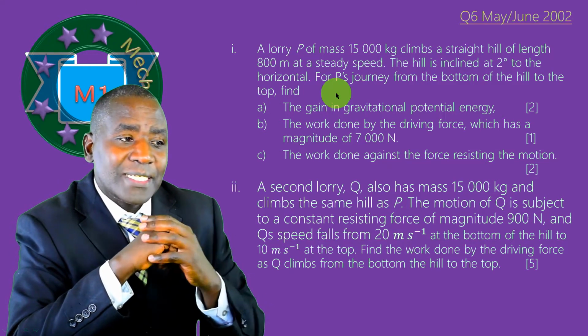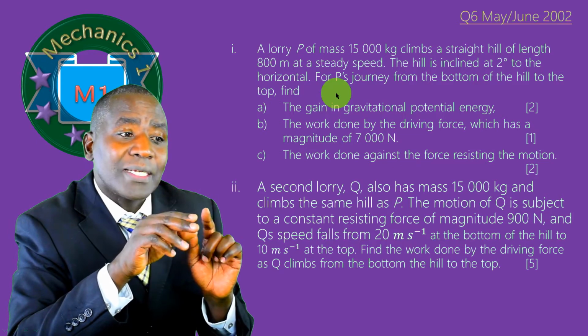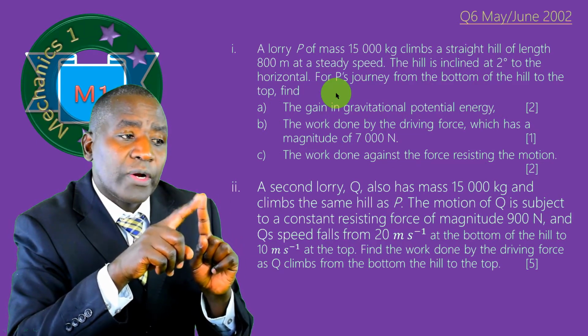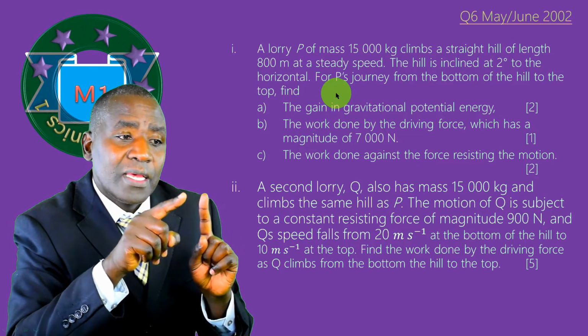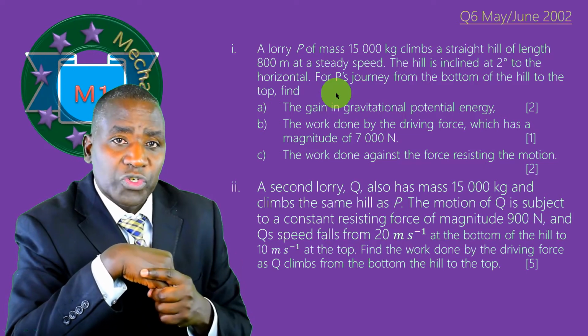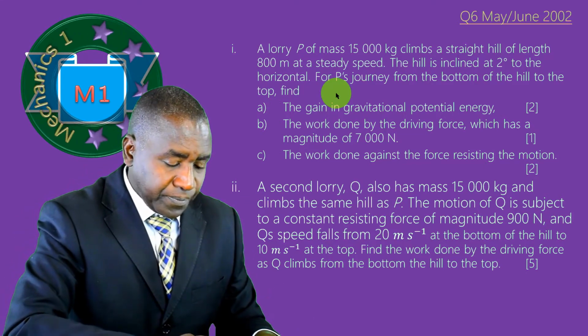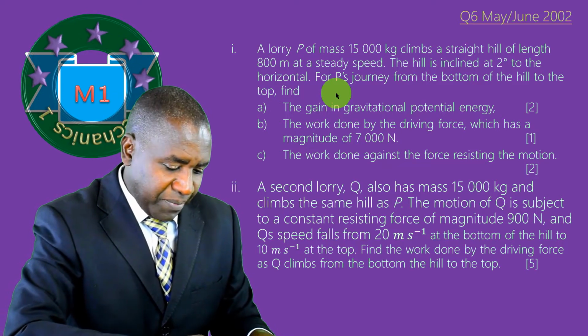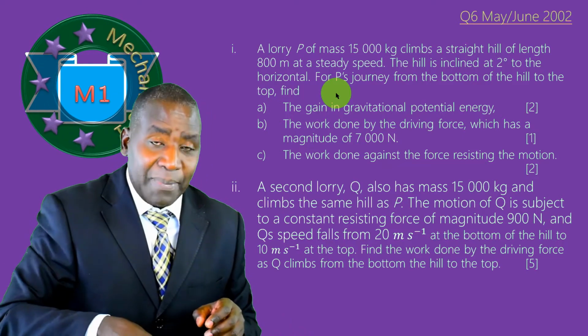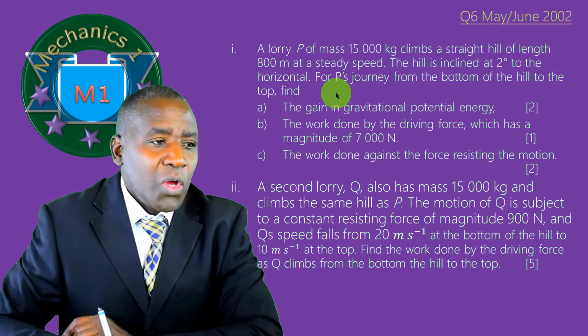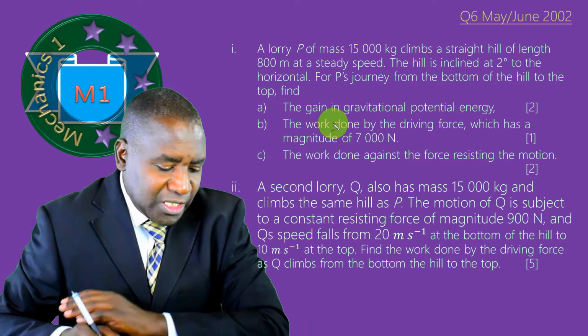And of course, now in part C, I can combine the work done because I'm required to calculate the work done against the force resisting the motion. So let's see how we work out part A, because I think I've spent quite some time talking about it, but I think it is worthwhile talking about it.